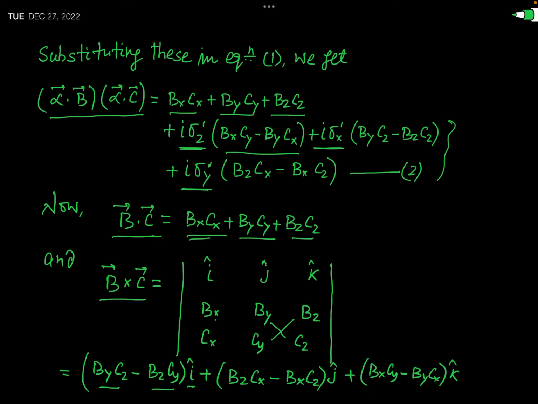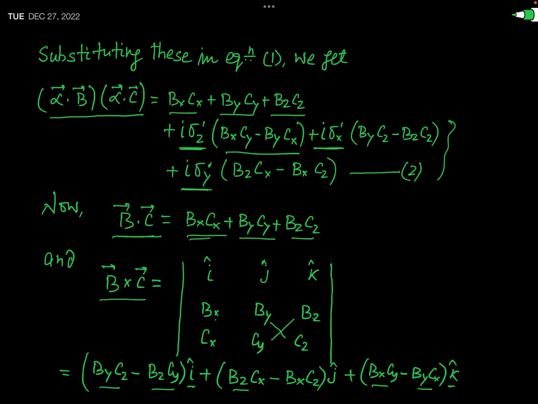In the second term, in the determinant formula there is a minus, but I have written plus, so the operation will be just reversed. So when you write plus, the term will be bz times cx minus bx times cz, j. And when you take this k as common factor, this will be bx cy minus by cx.